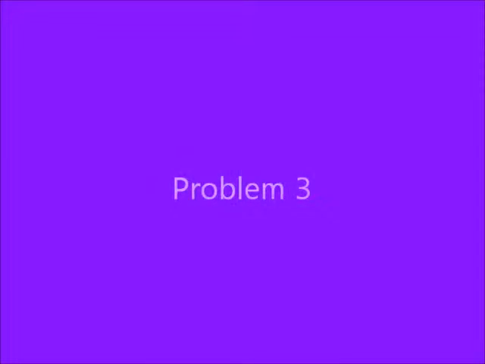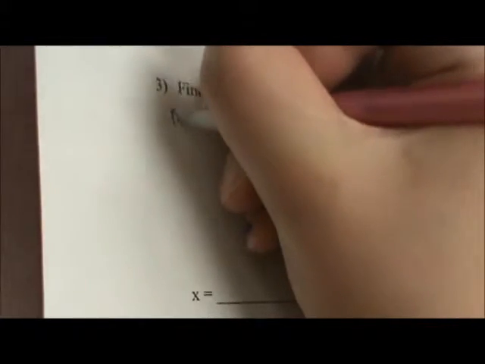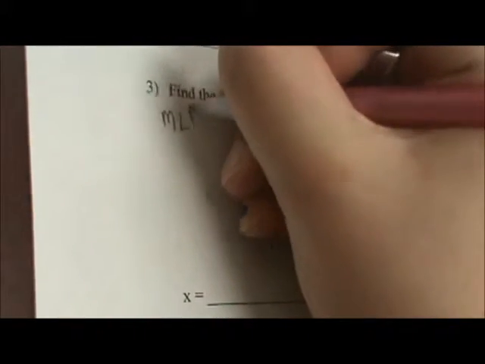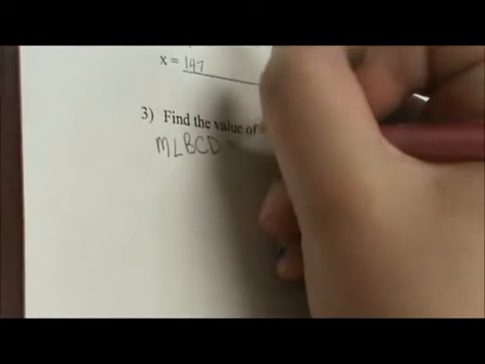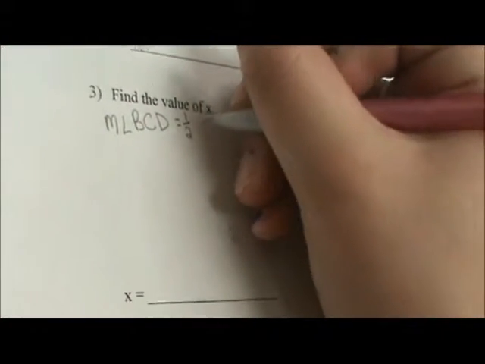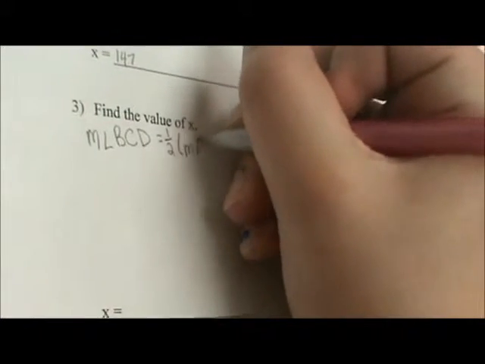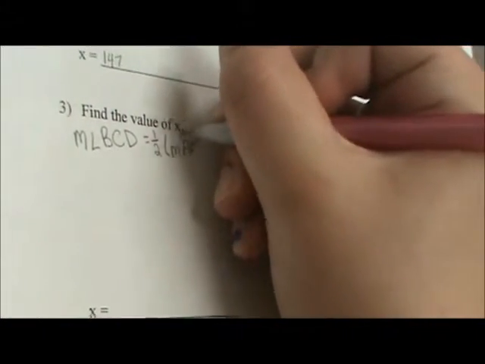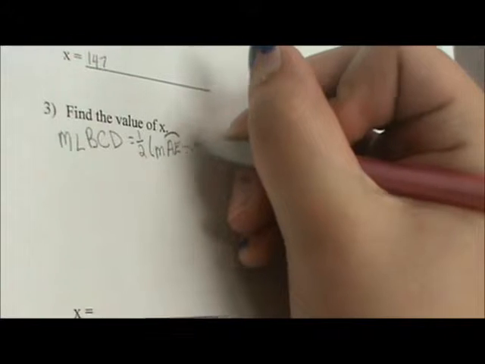Okay, now we're going on to problem 3. In this problem, we can say that the measure of angle BCD is equal to half the measure of arc AE minus the measure of arc BD.